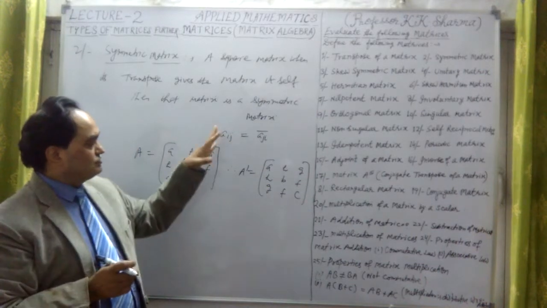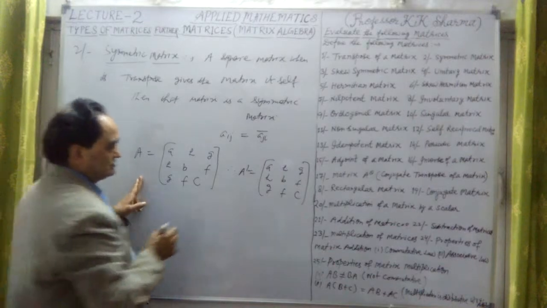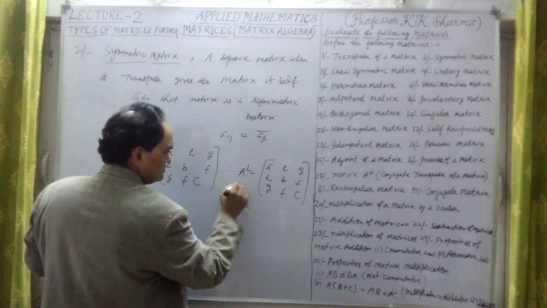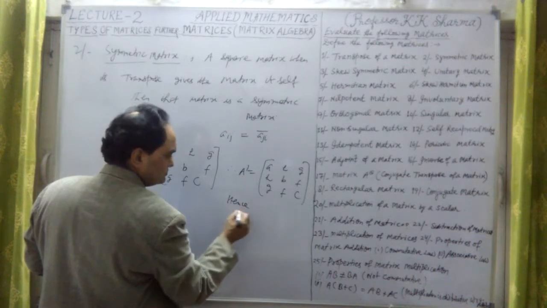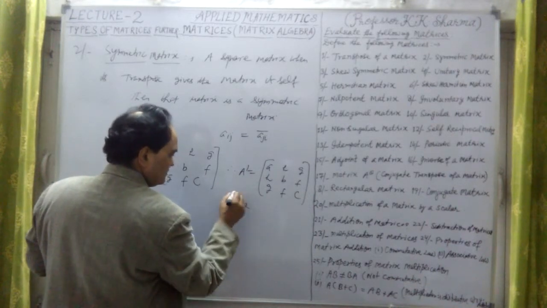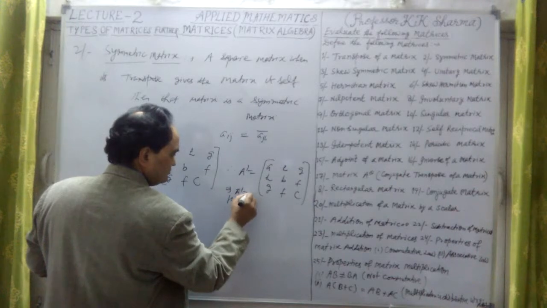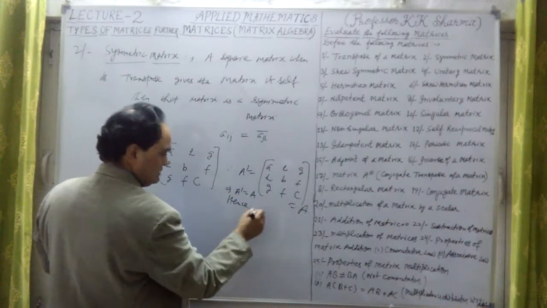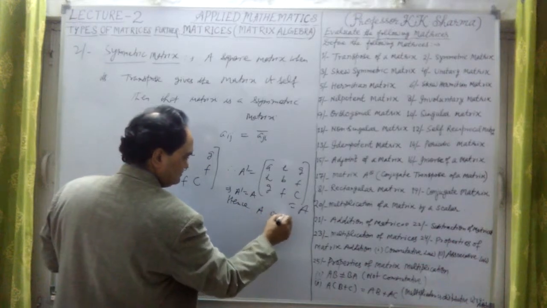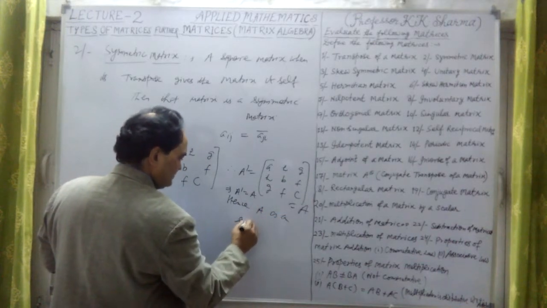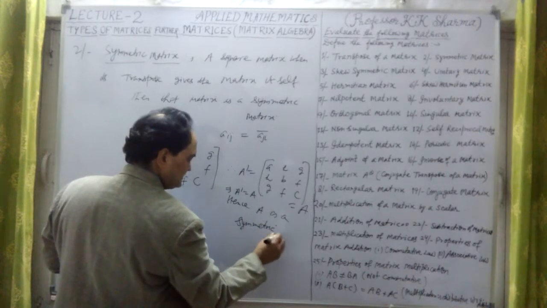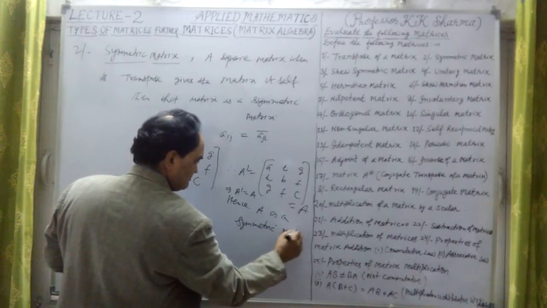It means this matrix A is a symmetric matrix. Therefore A equals A transpose, and hence A is a symmetric matrix. This is how we define the symmetric matrix.